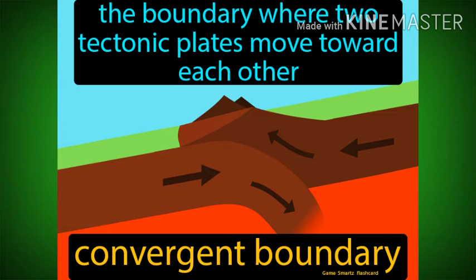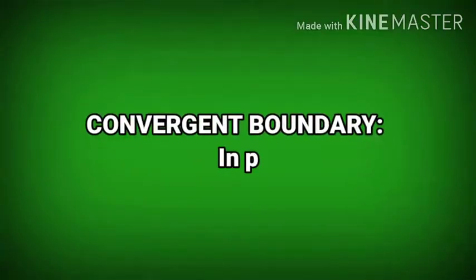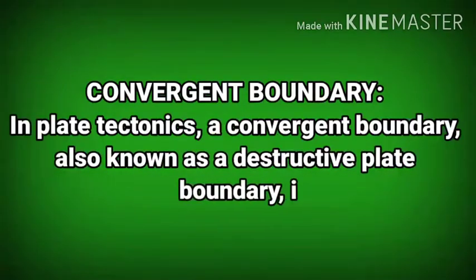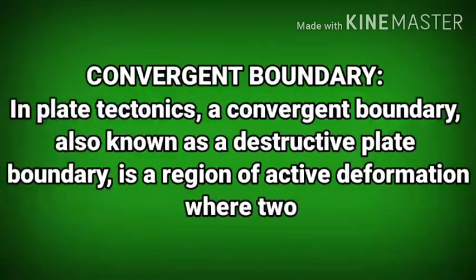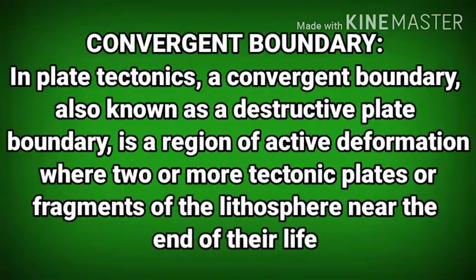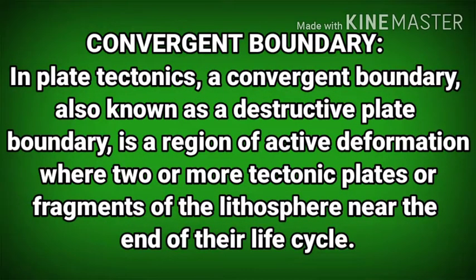Subduction zone is the location where sinking of a plate occurs. The convergence of plates can occur in three ways. First, between an oceanic and a continental plate. Number 2, between two oceanic plates. And number 3, between two continental plates.